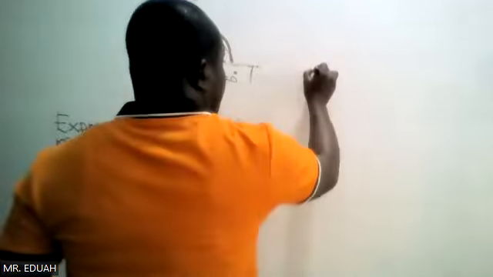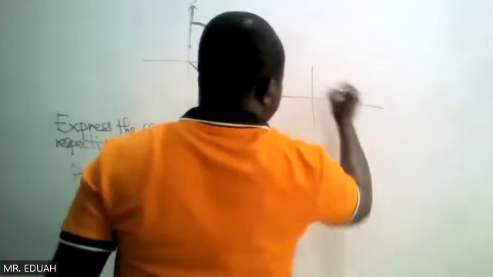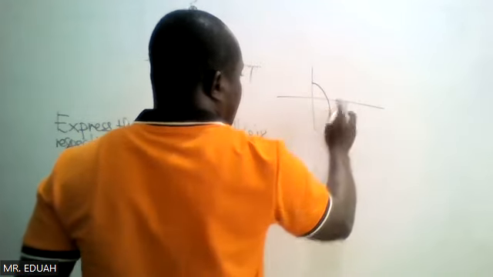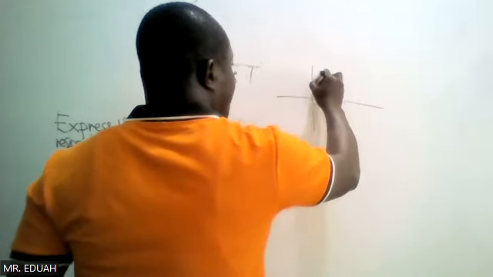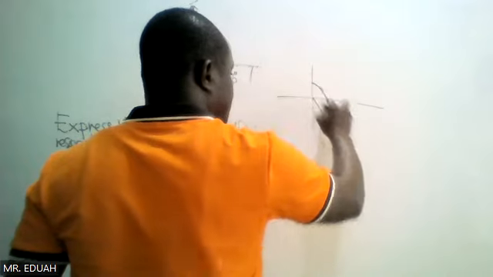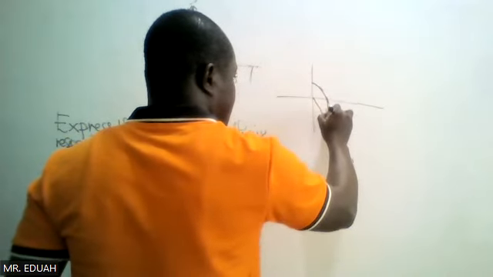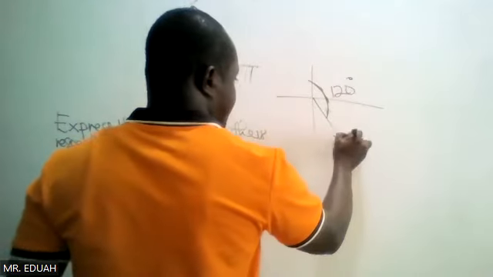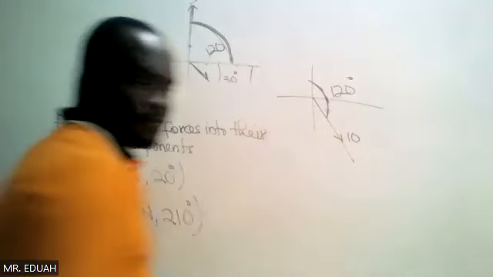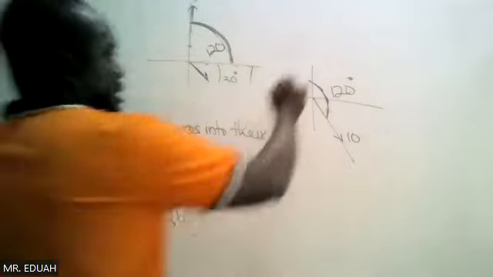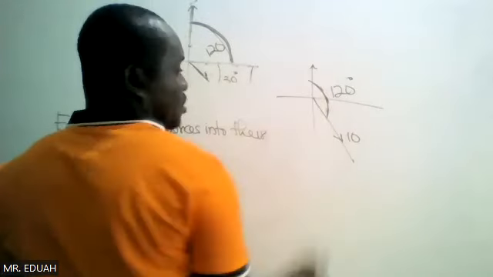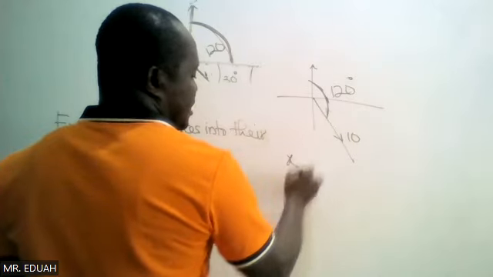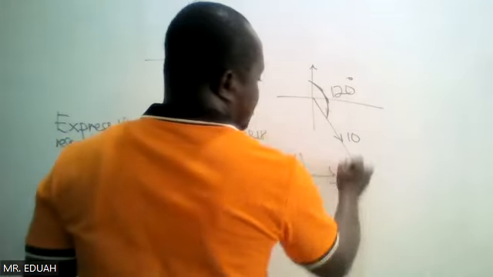So for bearings, we take our angular measurement from the north, or the y, for vector quantities. 120, and this is north.